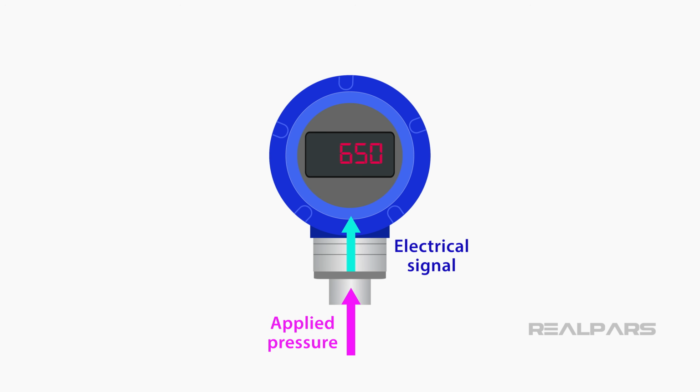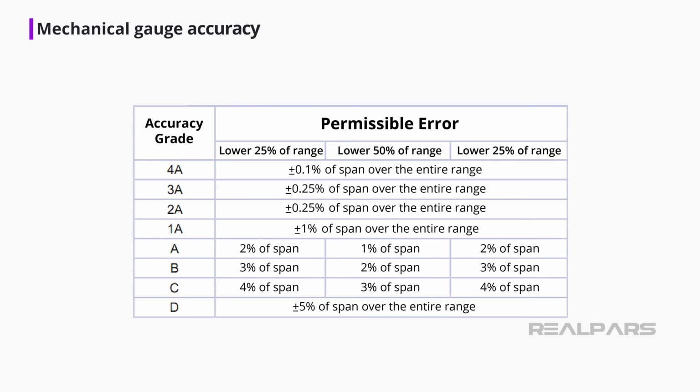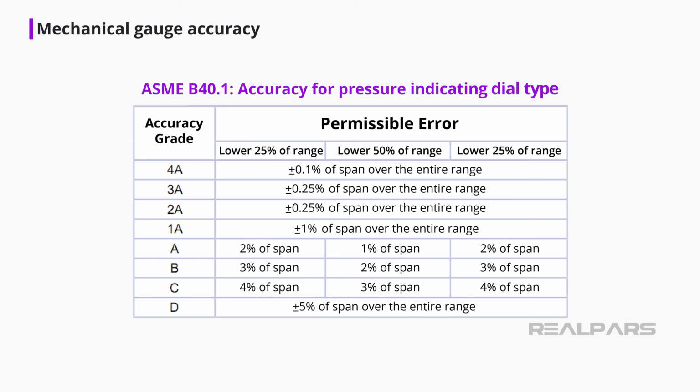This electrical signal is then often used to operate a digital display. The American Society of Mechanical Engineers ASME B40.1 standard defines the accuracy grades of dial-type gauges. Requirements differ from one industry to another, and the ASME B40.1 would be your guide for proper selection.